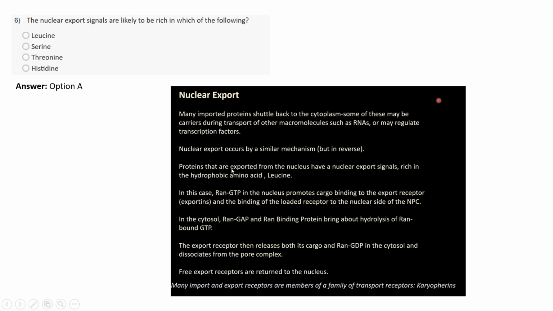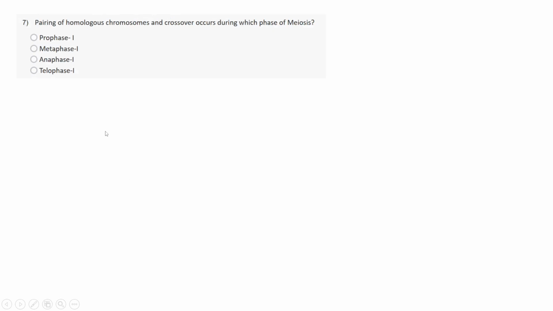Proteins that are exported from the nucleus have nuclear export signals which are rich in the hydrophobic amino acid leucine. There also RAN GTP and GDP proteins are present, but it acts in a reverse fashion. The sequence present is rich in leucine, which translocates the protein from the nucleus to the cytosol.